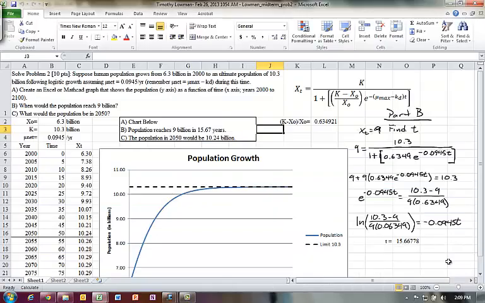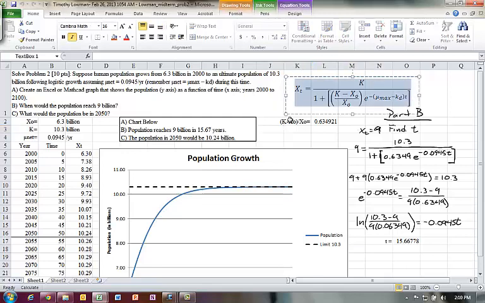The next problem was to look at human growth from 6.3 billion in 2000 to the ultimate population of 10.3 billion, and that 10.3 would be the K value. Now this is a logistic growth model. A number of you assumed this was exponential growth, but it actually has a cap, so it's logistic growth, and you would be using this equation that you see up here that's also in your textbook.